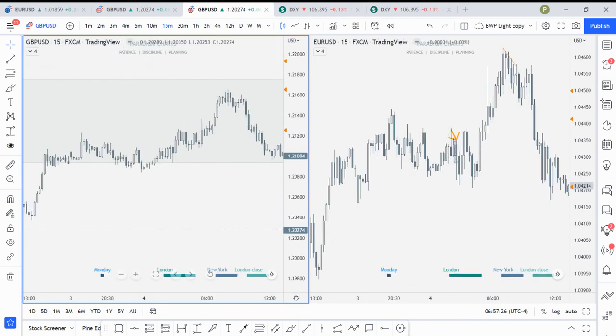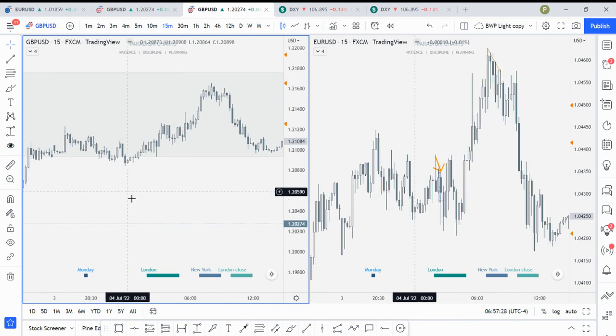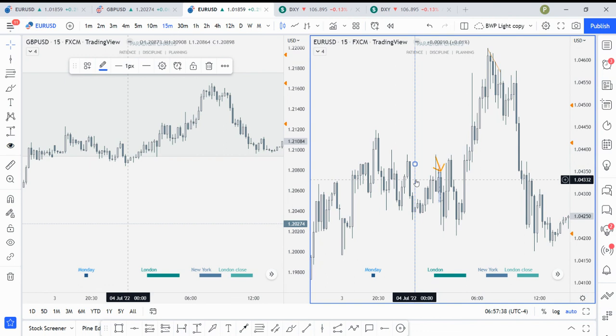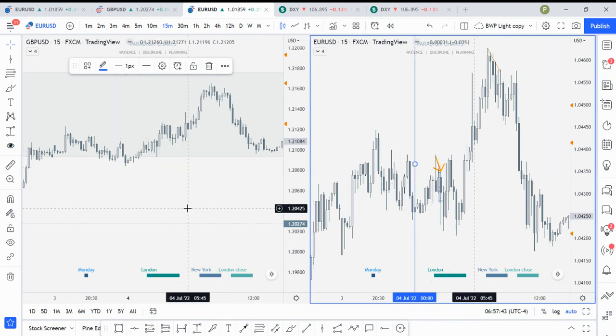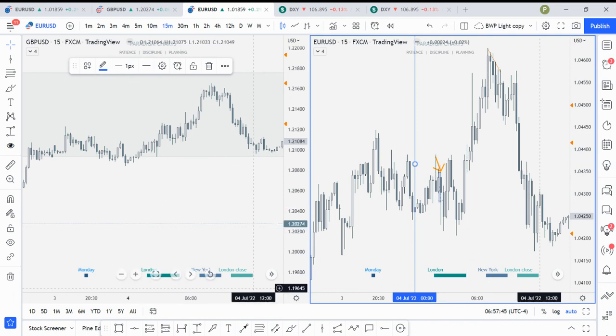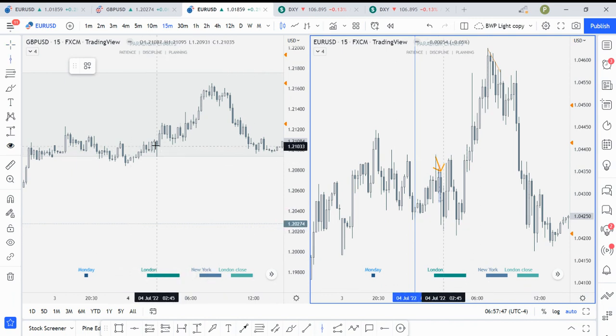There's Monday. This is the midnight time. And here, this is another SMT divergence.